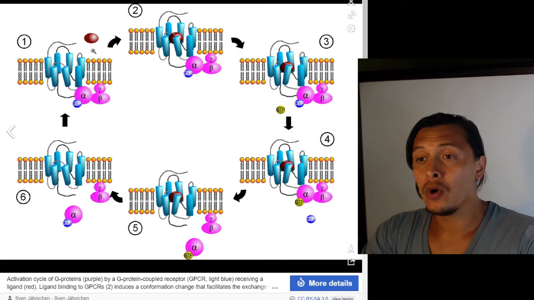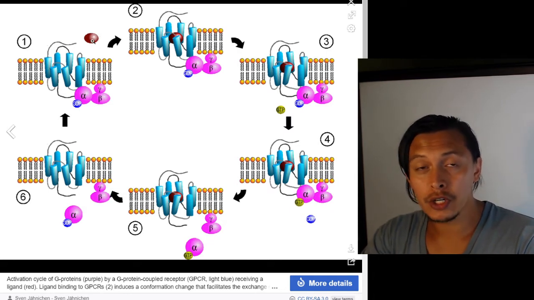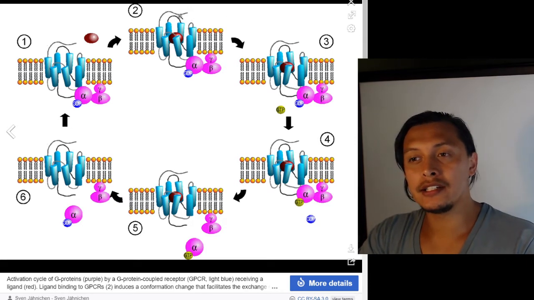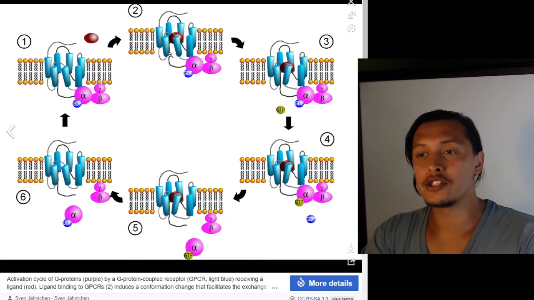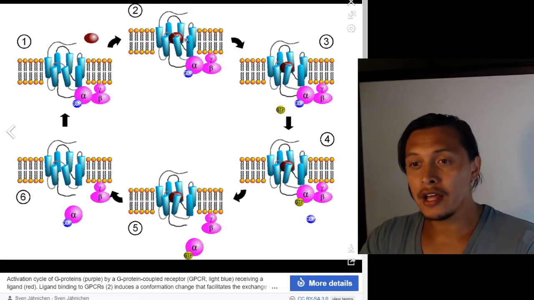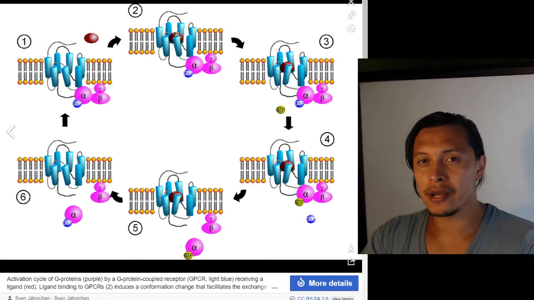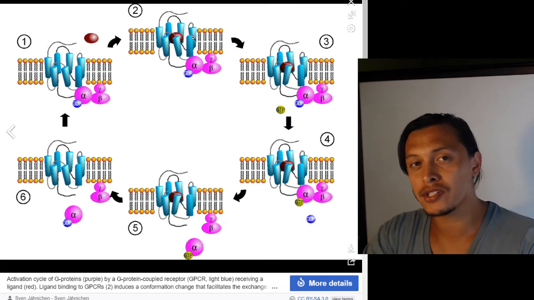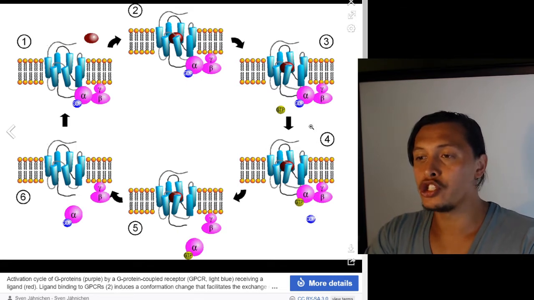Now, once this little red thing, which is our ligand, or we could call this our melatonin, comes in and digs itself into this G protein coupled receptor, and after it's bound to this receptor, it shimmies and changes its shape a little bit, and that is what allows this G protein coupled receptor to then exchange this GDP with a GTP.